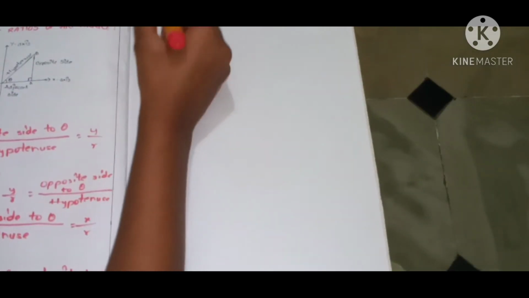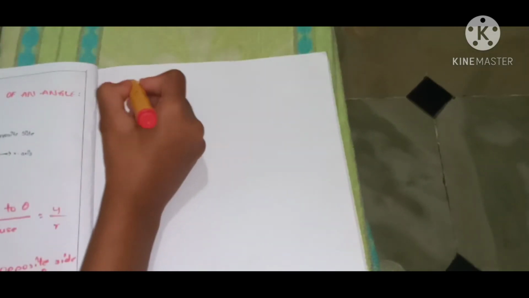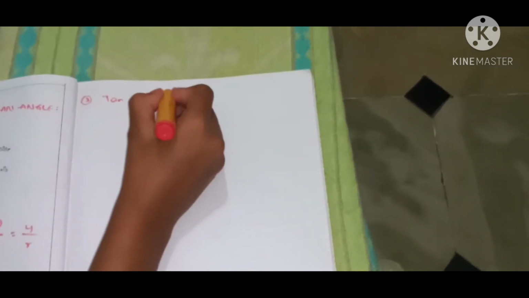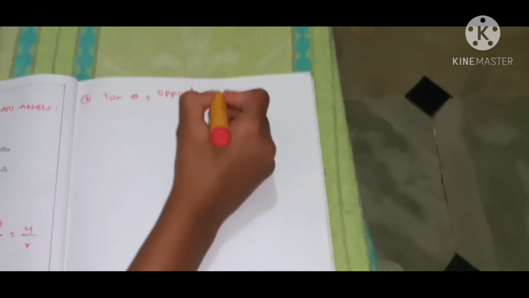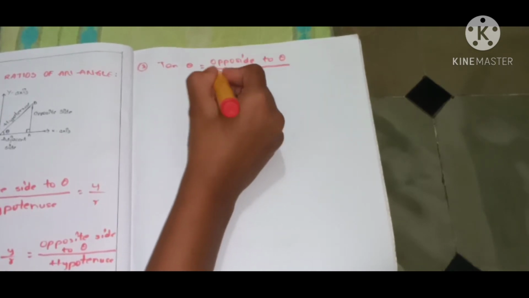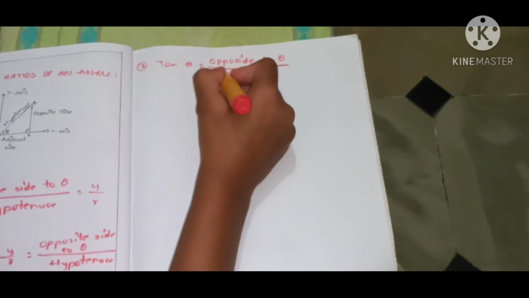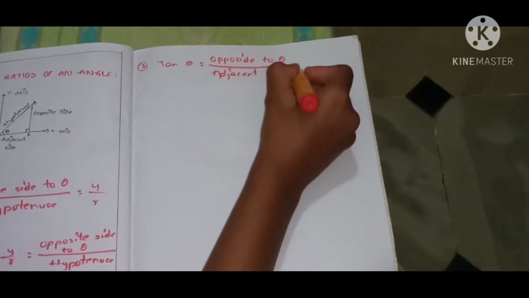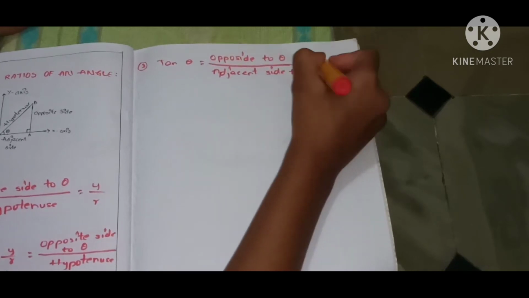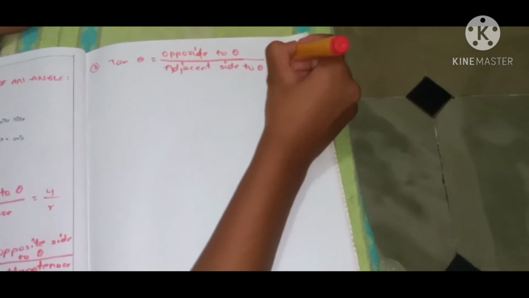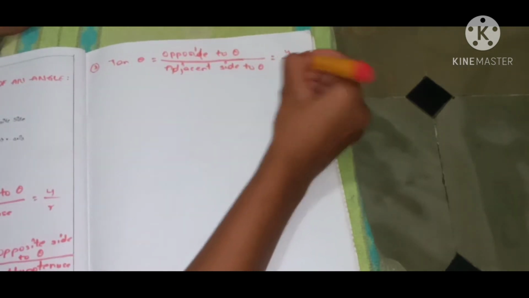And third one, tan theta. Tan theta is opposite side to theta by adjacent side to theta. Opposite side to theta means y and adjacent side to theta is x.